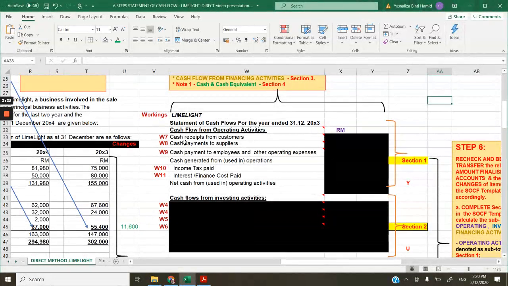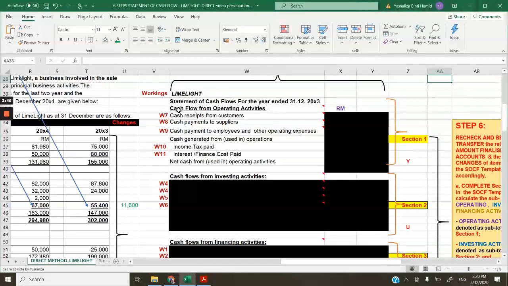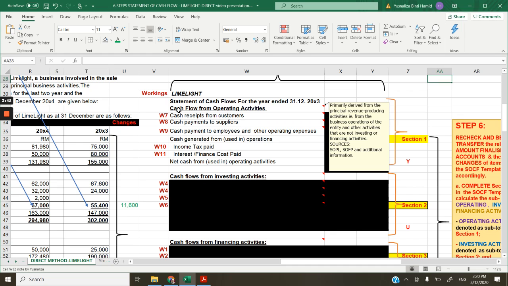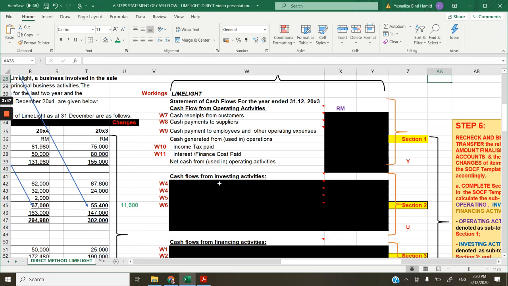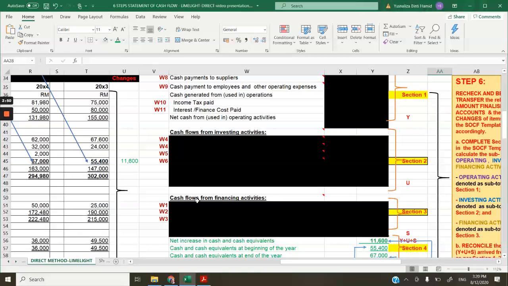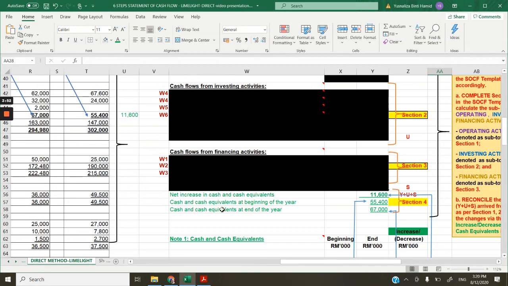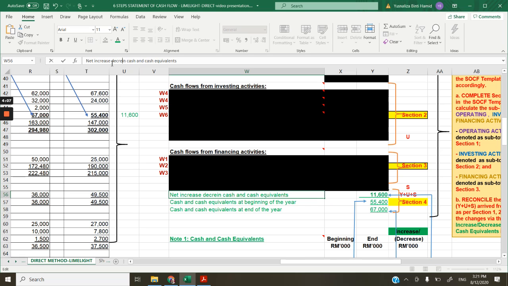So you should have your title, of course, the name of the statement, which is statement of cash flow. Make sure you have the correct year end or the reporting date. You should have the sections that you will divide into cash flow from operating activities, cash flow from investing activities, and from financing activities. And the last 3 rows in the cash flow is one of the most important, section 4, that will tell you the changes, which is either a net increase or a net decrease in cash and cash equivalent.